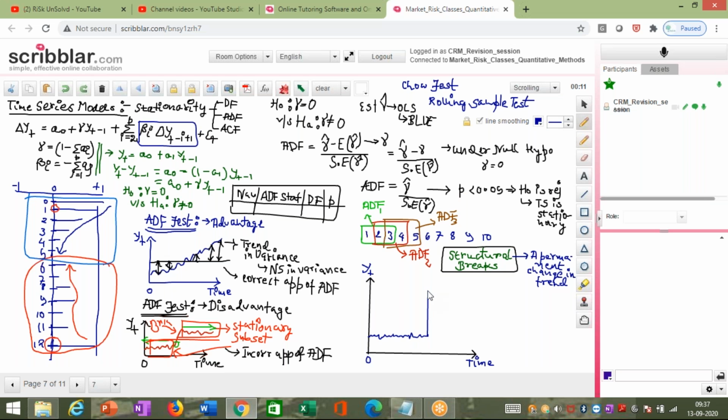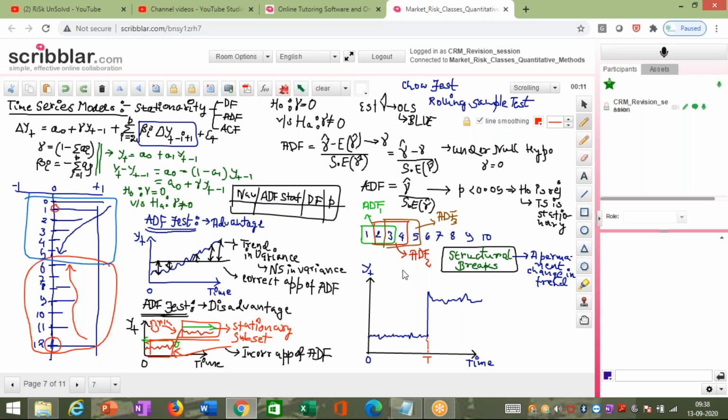That can be upward as well as downward, but then again the series remains over here. Now if we have a look at this, this is the point of the structural break, or what I'll call the critical point. Right. So this is the critical point T.